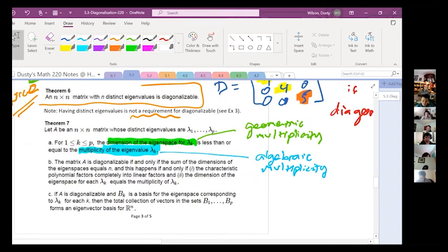So the matrix A is diagonalizable if and only if the sum of the dimensions of the eigenspaces, that's the geometric multiplicities, equals n. And this happens if and only if the characteristic polynomial factors completely into linear factors and the dimension of the eigenspace for each lambda k equals the multiplicity of lambda k.